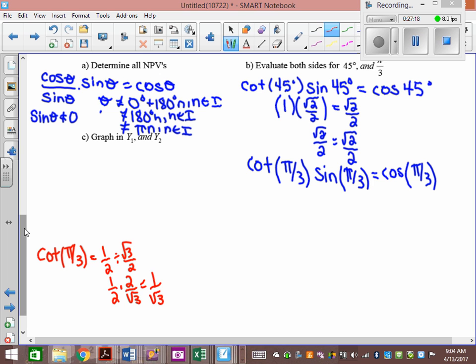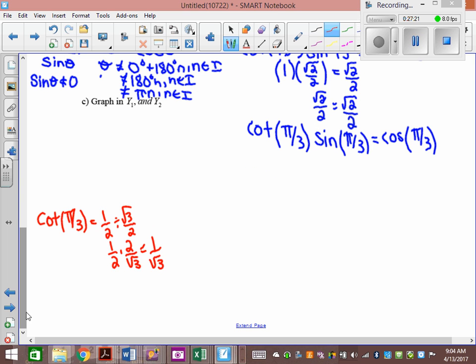What does that rationalize to? Root 3 over 3. So I'm going to get root 3 over 3 here, and I'm going to times it by sine of pi over 3, which is root 3 over 2. And then cos of pi over 3 is a half. And now people are freaking out. There's no way that these are going to be equal. They actually are. What's root 3 times root 3? 3. What's 3 times 2? 6.